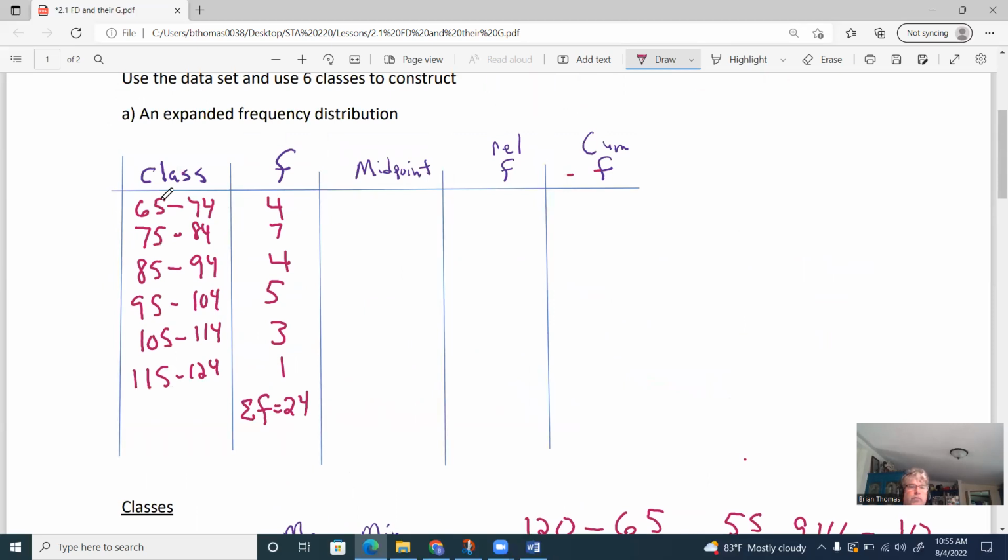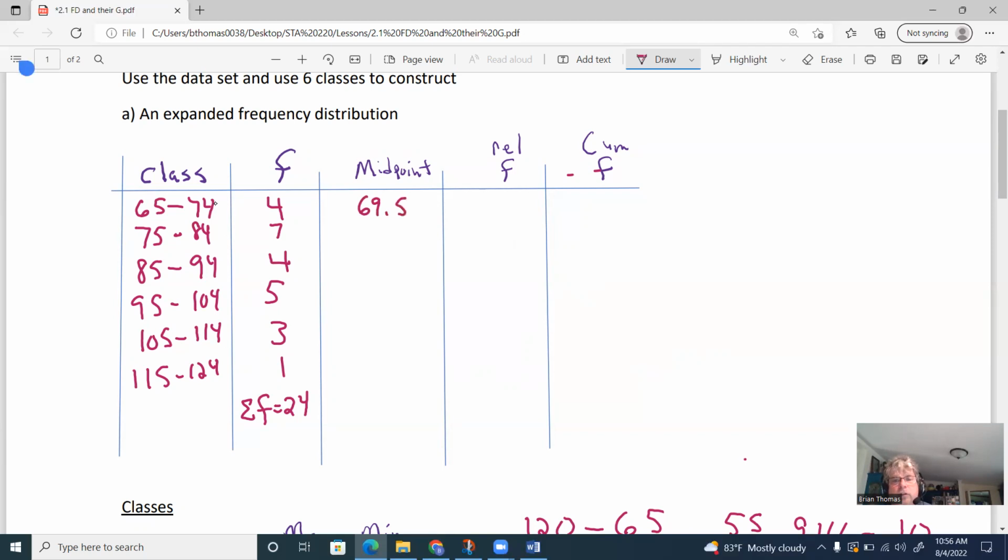So for the first class, we have 65 and 74. 65 is the lower class limit. The 74 was the upper class limit. So if we add those together and divide by 2, that will give us our midpoint. So 65 plus 74, that's going to be 139. If I divide that by 2, that's going to give me 69.5. So that's going to be the first midpoint, 69.5.